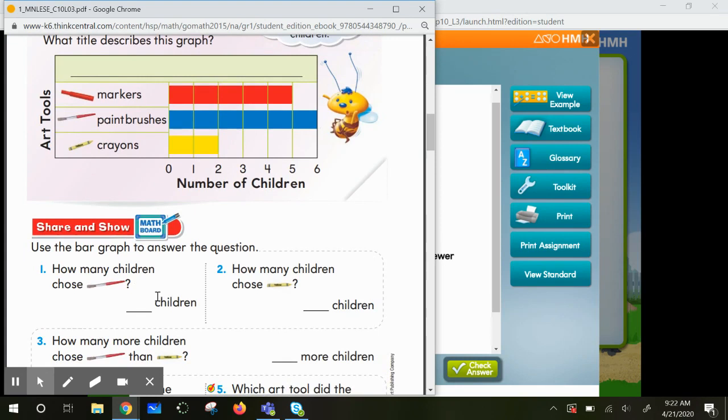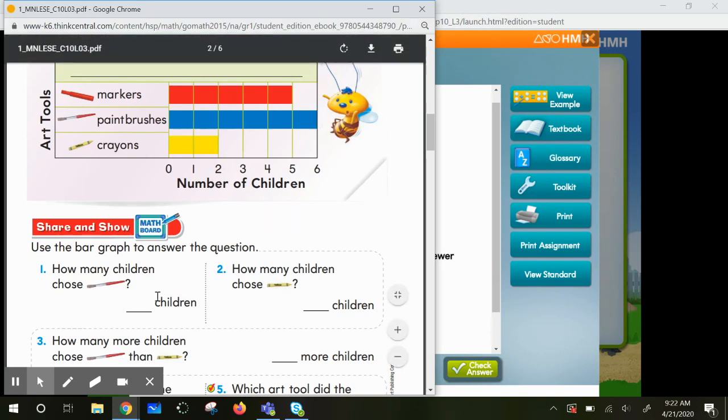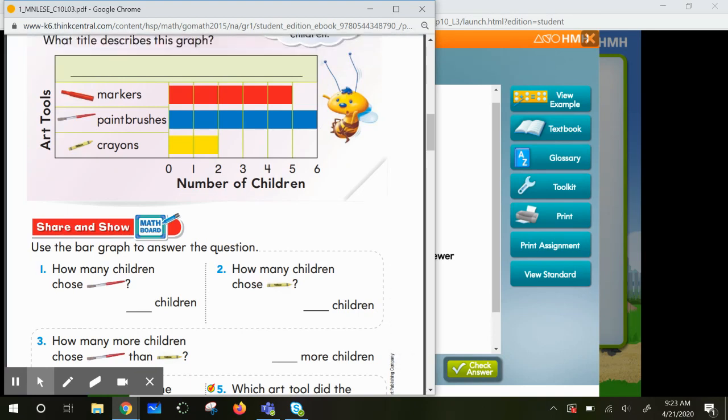Come back and press play for number 2. How many children chose crayon? Pause, go back up to your graph, find crayons, go to the end of the bar, and write down the number of how many children chose crayons. Then press play.